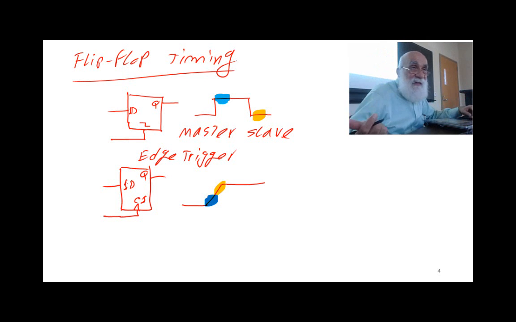Even though I say that, we shouldn't forget that there are still some timing constraints. What are the timing constraints? For a D flip-flop, I cannot change my input too close to the clock.